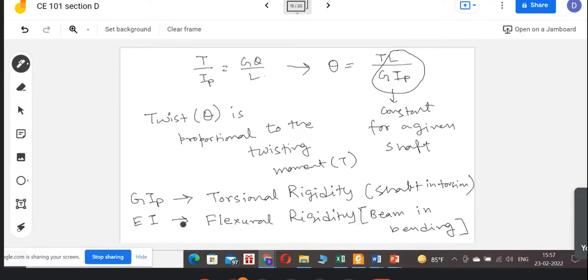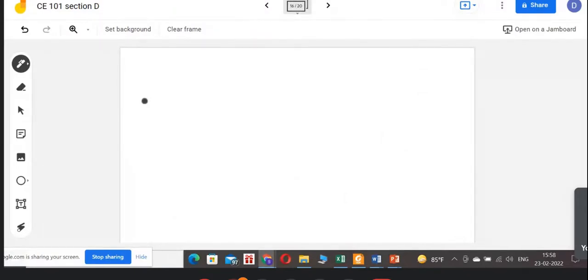If we multiply these two parts E and I, we can say it as the flexural rigidity, and for the shaft in torsion, you say that this is the torsional rigidity, G into IP. So this is nothing new, no new derivation, just we have to multiply these two terms G into IP. Okay.